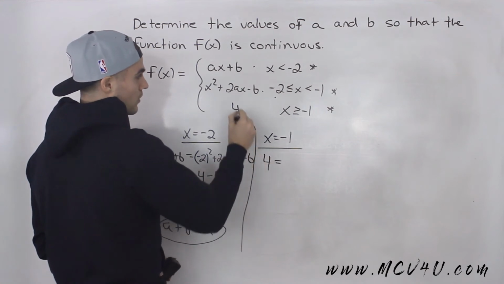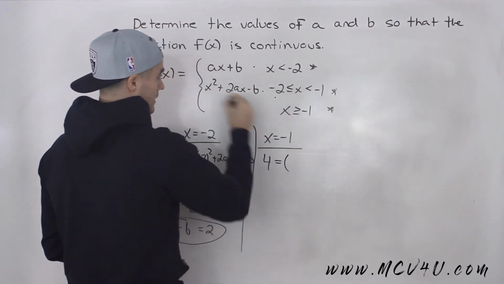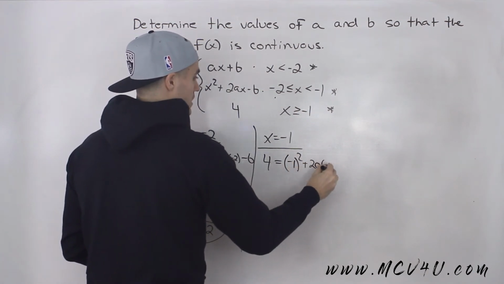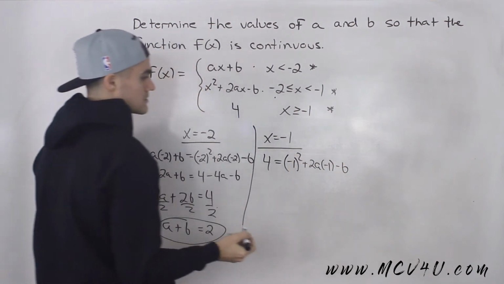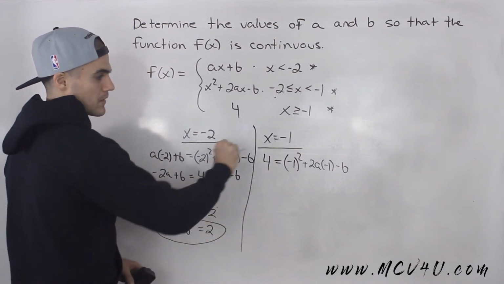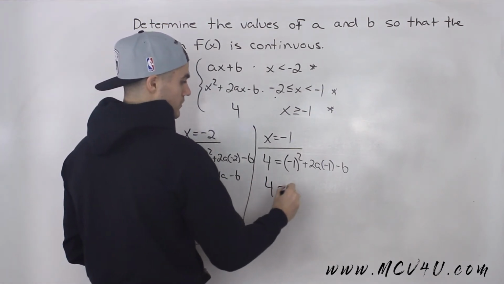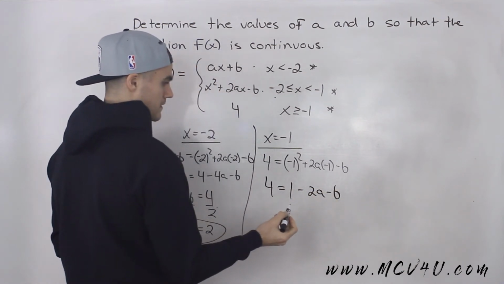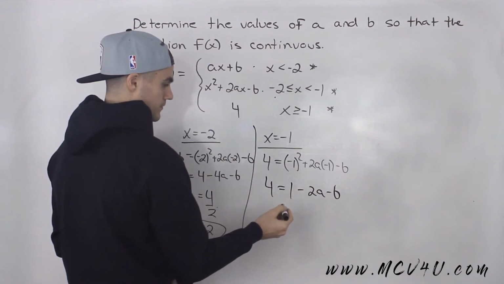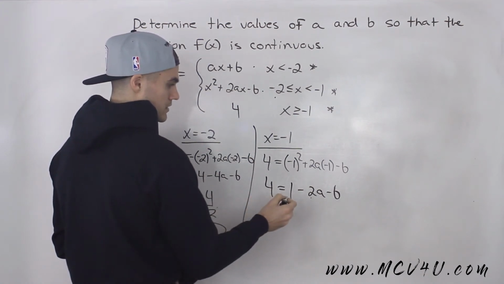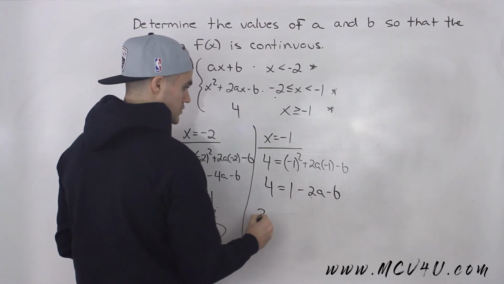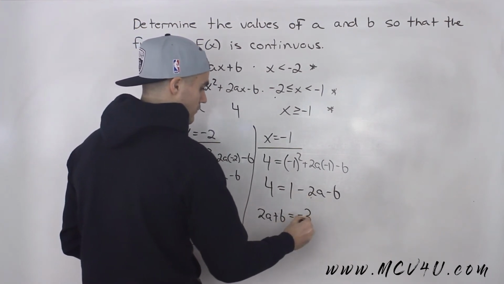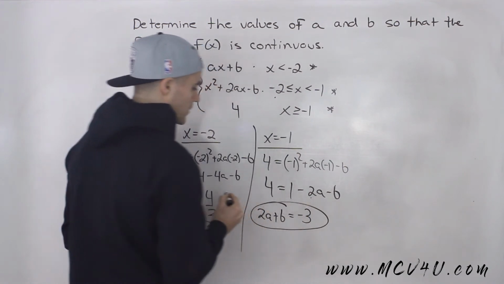So we just leave it as 4, but that has to equal -1 squared plus 2a times -1 minus b. And now we can make another equation here. So we got 4 equals -1 squared is 1 minus 2a minus b. And then to make this look nicer, let's bring the -2a, -b over. So we'll have 2a plus b equals 1 minus 4, which is -3. And this is our second equation.